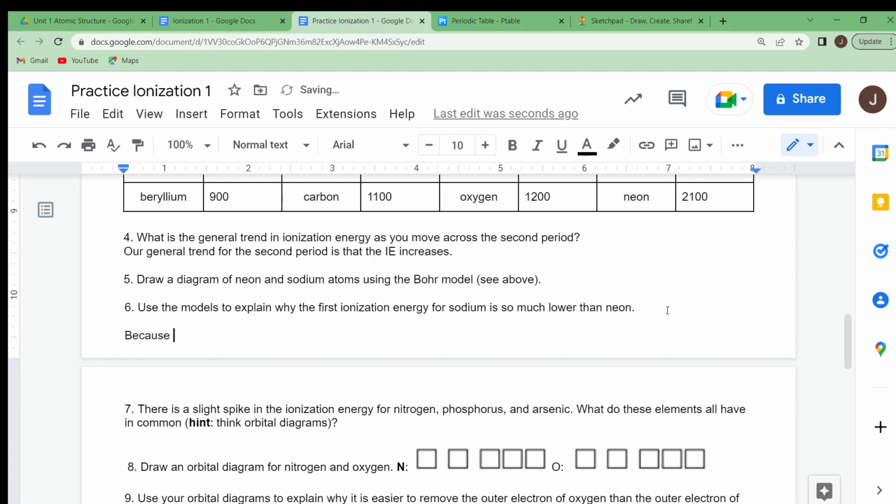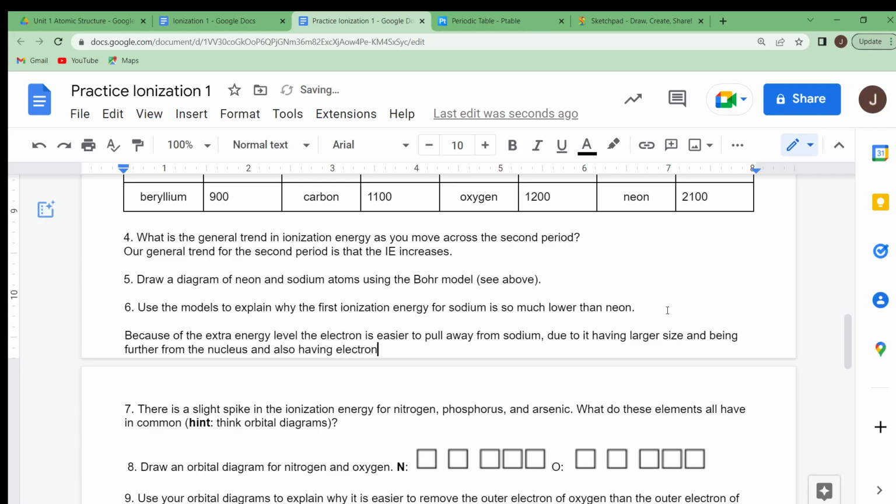That because of the extra energy level, the electron is easier to pull away from sodium due to it having a larger size and being further from the nucleus, and also having electron shielding from the previous second energy level.